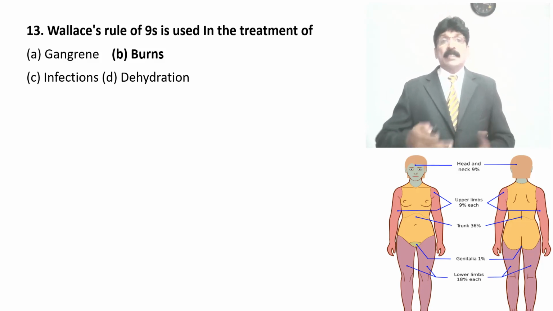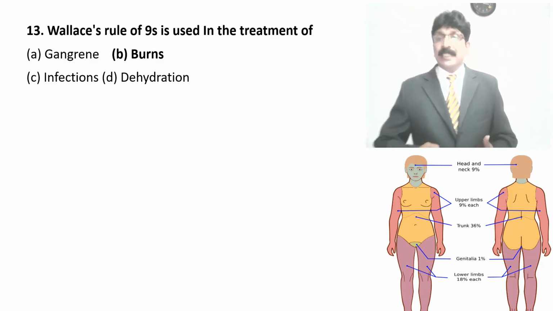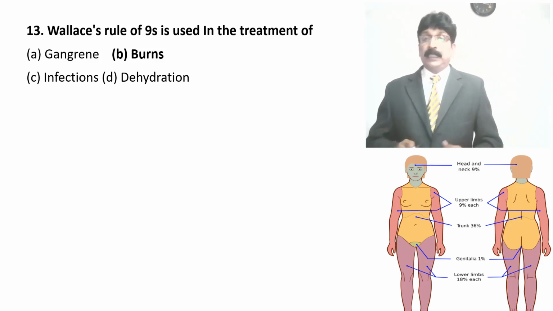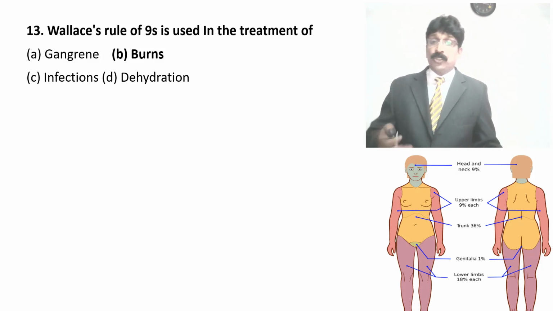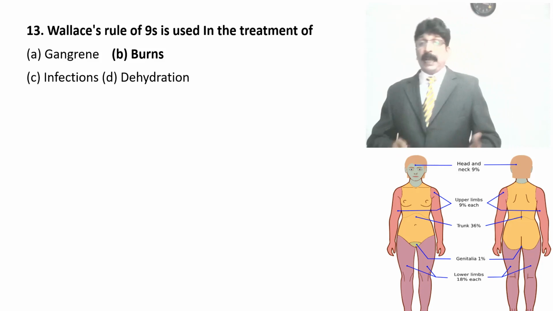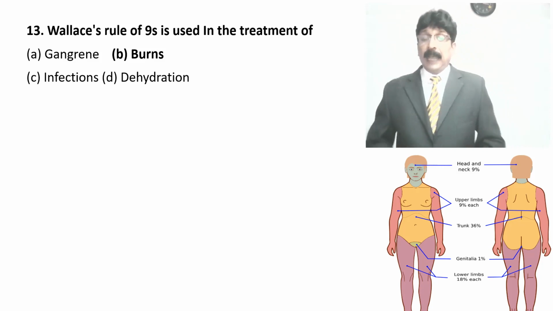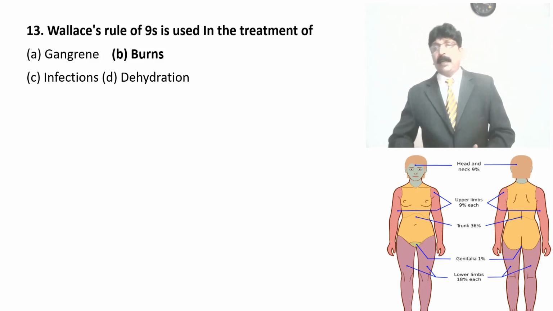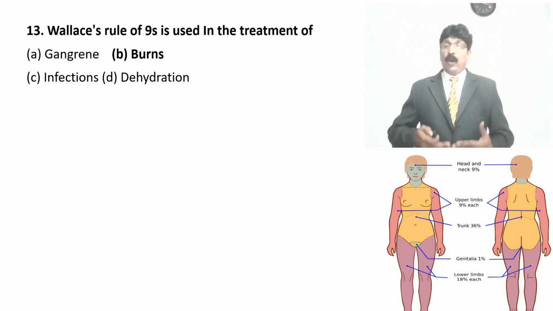Wallace rule of 9 means the area of head and neck is 9%. The upper arms, two of them, are divided into front side and back side of 9%. And trunk includes 4 areas like stomach, chest and all this area, in 9 only.